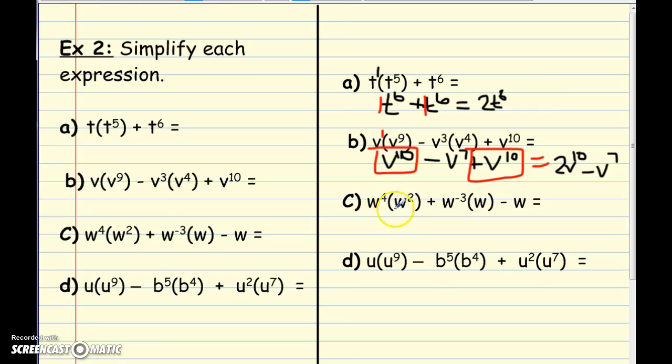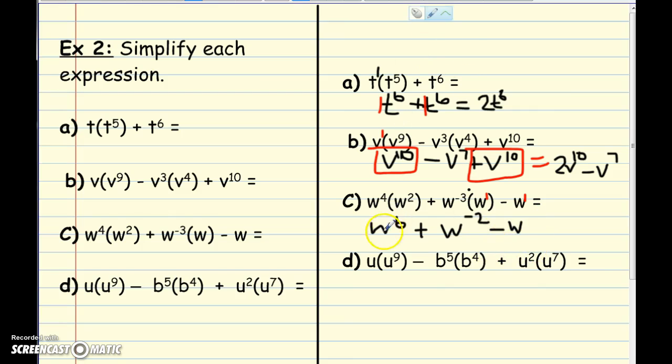Example C, we have w to the 4th times w squared. Add those exponents, we get w to the 6th plus, we have w to the negative 3rd times w, and again I'm just going to remind you that the coefficient is 1 on these plain w's, and this gives me w to the negative 2nd power because negative 3 plus 1 gives us negative 2, and I have this minus w.